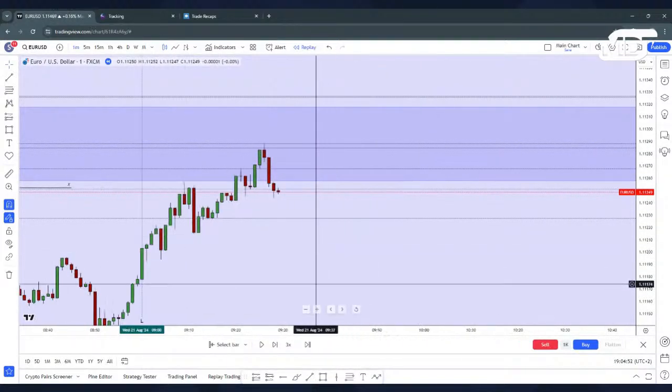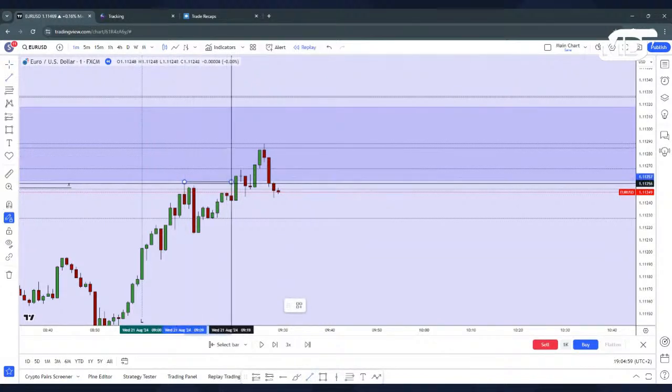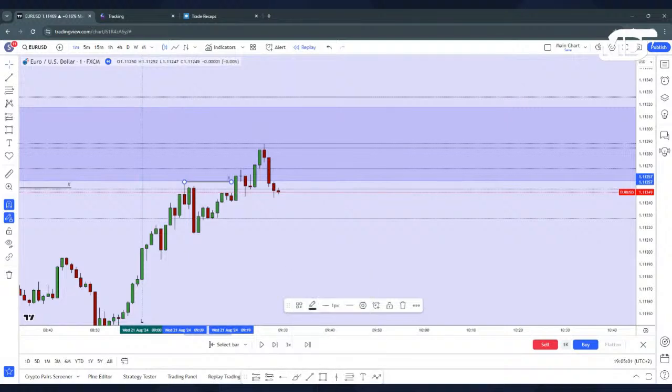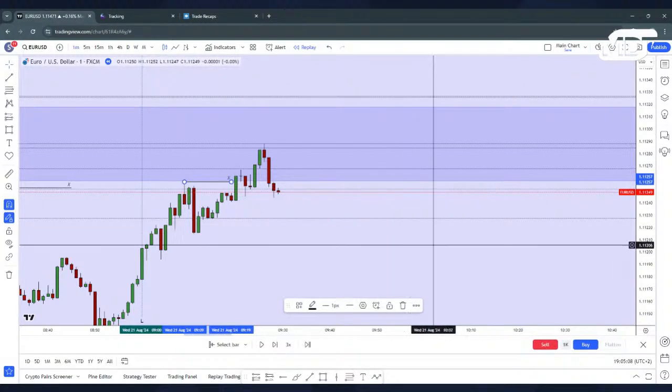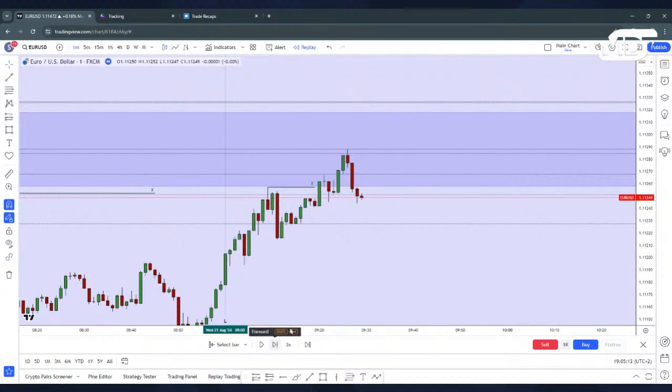We've retraced lower. We had this run of time-based liquidity stop. OTP, OTE. This one now formed.